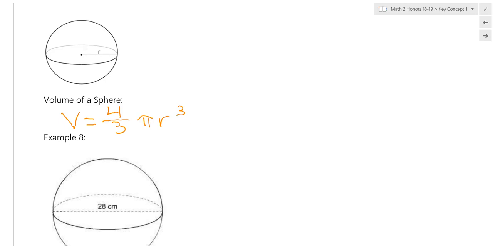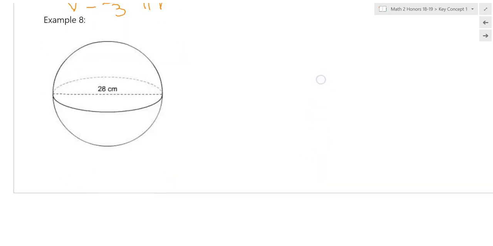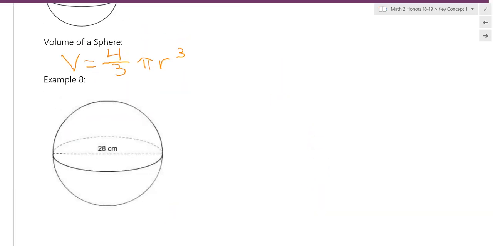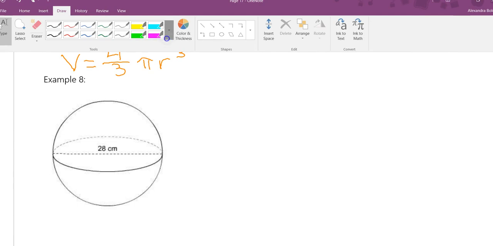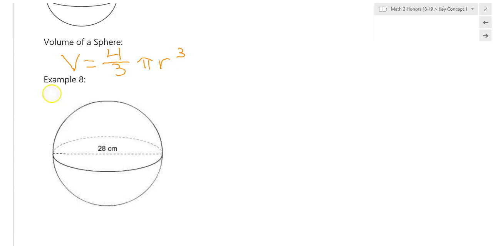So 4/3 pi r cubed. So if I look at example 8, so 4/3 pi. Now I gotta think what our r is. It's 14, right? It's half of it.